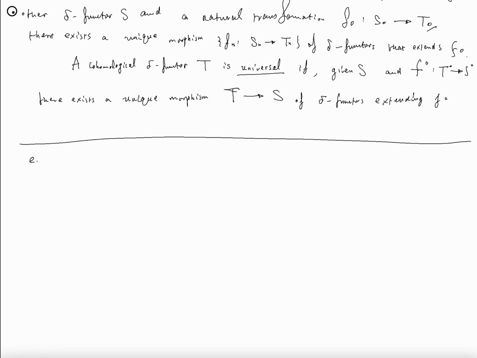As an example, homology from the chain complexes to the category is a universal delta functor, and also the cohomology version.